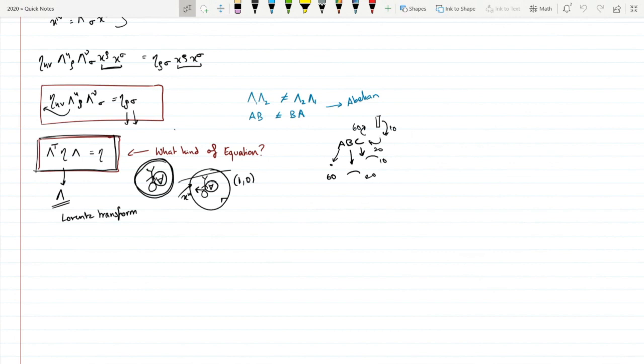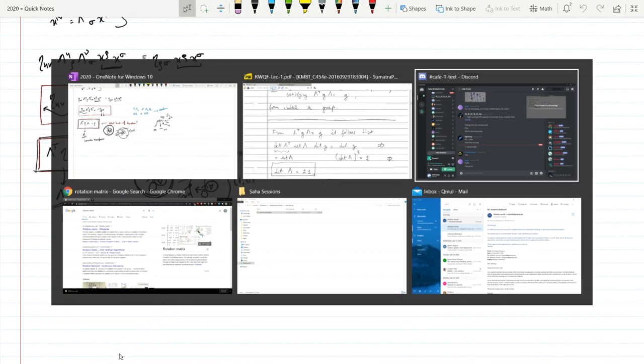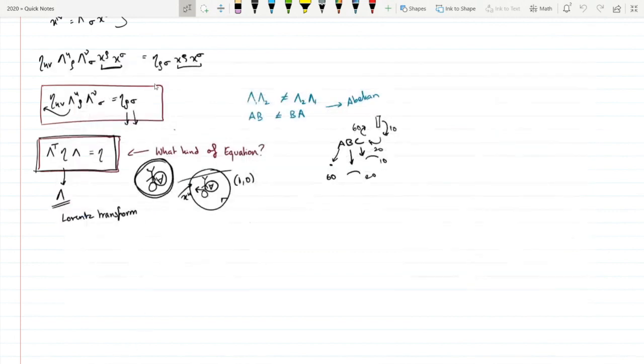What if the thing in the middle, mu, should it actually be a scalar, or can it be something which is variable?